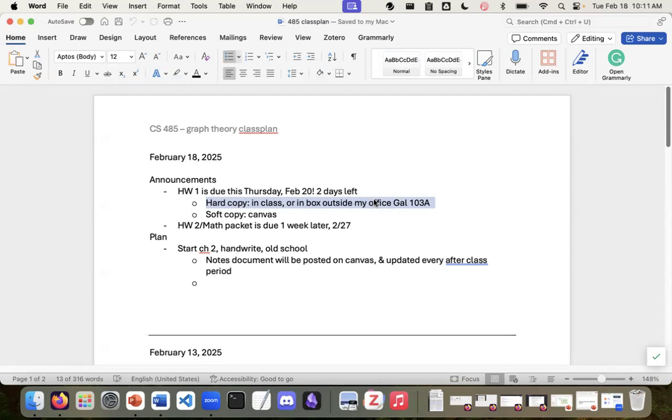If you don't finish it by class time, my office is Galileo 103A, and there's a box right outside my door, and you can just slip it in the box. Then I'll pick it up when I get back into the office. Also, if you did it on the computer, or maybe you want to scan it and turn it into Canvas, that's also an option.